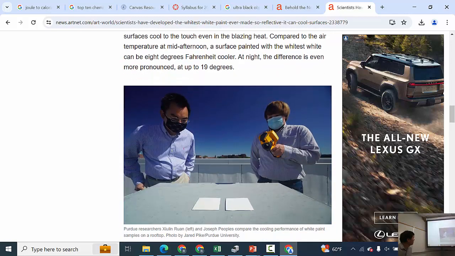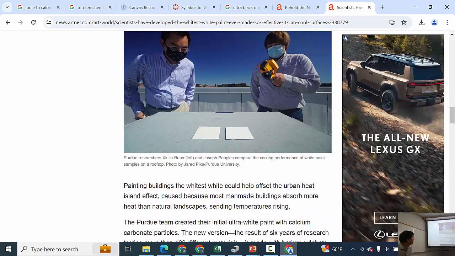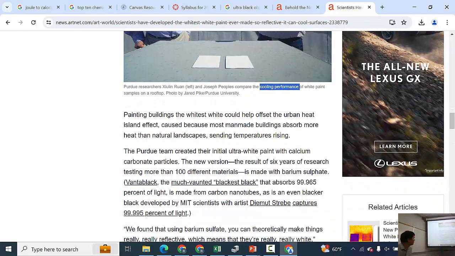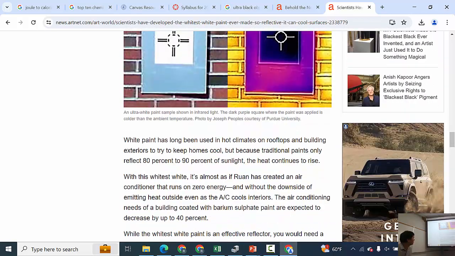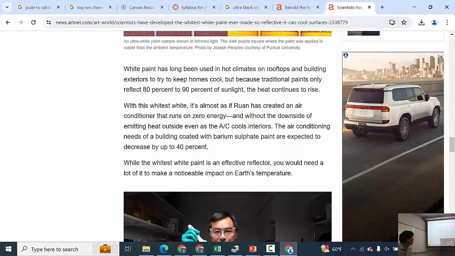So here they're taking some measurements, it looks like, the cooling performance. So if you put this on buildings in Arizona or out in the desert, then you can save a lot of money on energy costs, in AC, air conditioning.